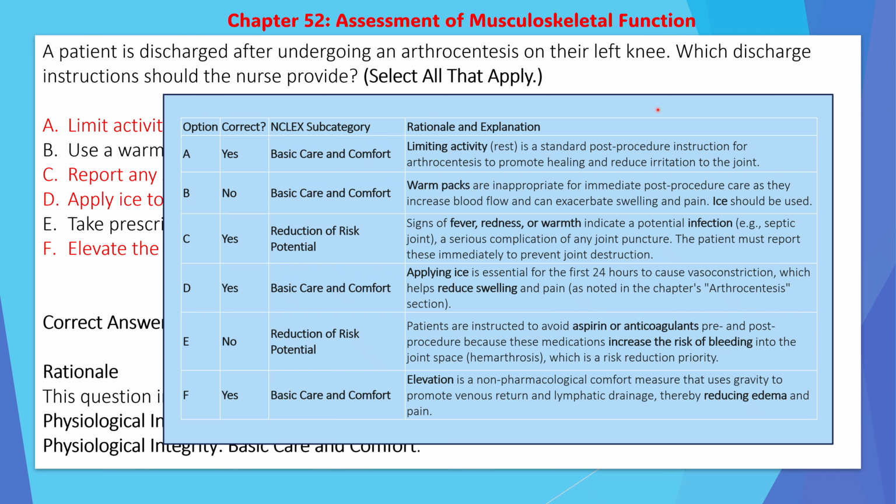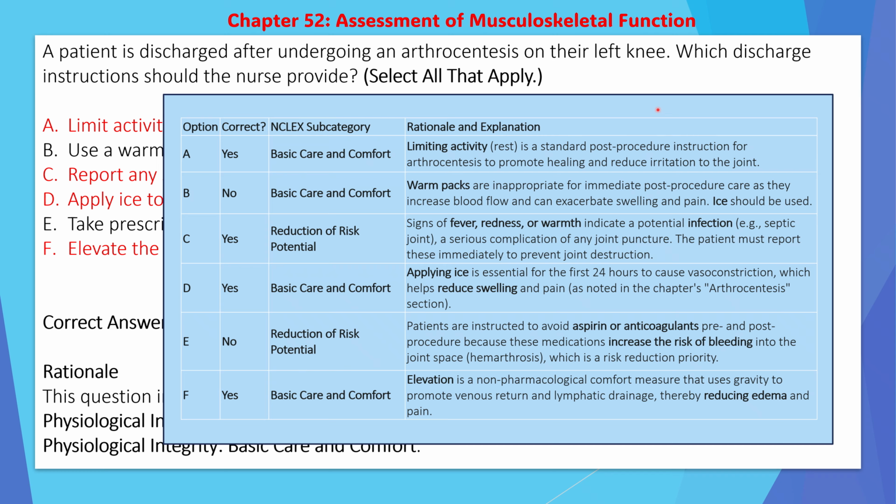D, we said, is basic care and comfort. Applying ice is essential for the first 24 hours to cause vasoconstriction, which helps reduce swelling and pain, as noted in the chapter's arthrocentesis section. You can go there and read.